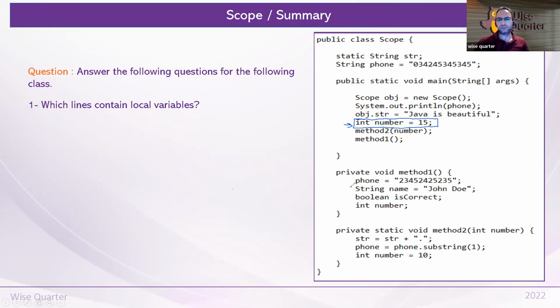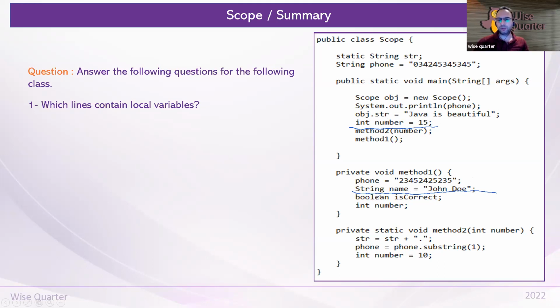Let's continue. This is the second one. This does not have any data type, so we are not creating it here. But what about this one? This is a local variable, as you can see. We have created it and assigned the value. Okay, this is a local variable.